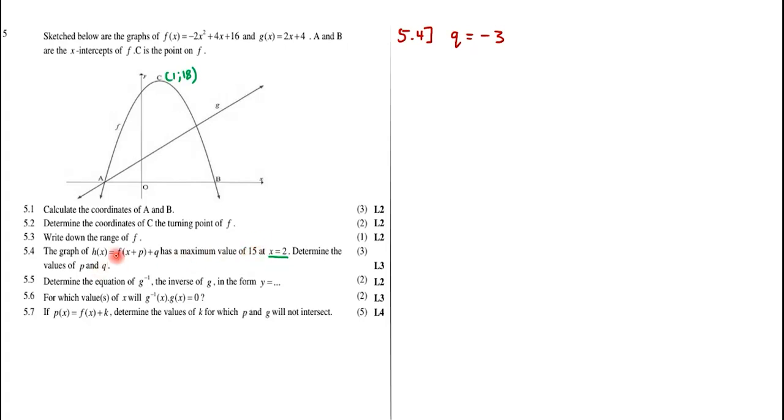Now what about p? This is a horizontal shift, right? So the value has been shifted to the right, because it was firstly at x is equal to 1, but now it is at x is equal to 2. Remember, when you're shifting your graph to the right, this value needs to be negative, and if you're shifting it to the left, it needs to be positive.